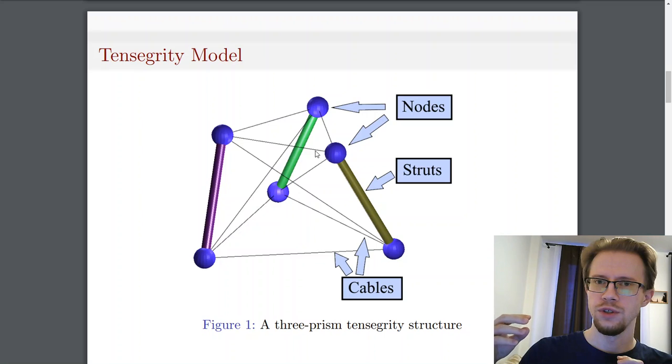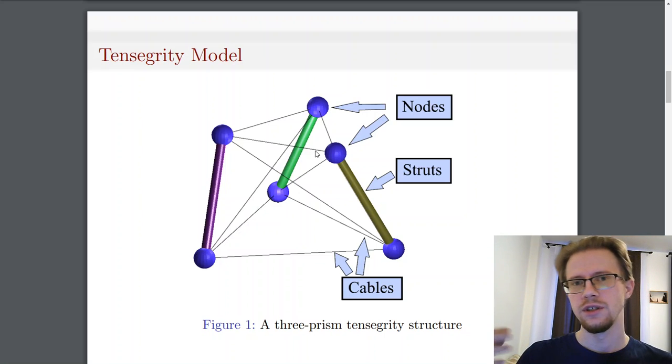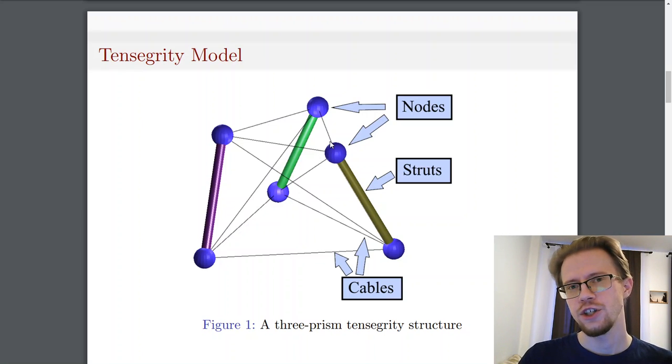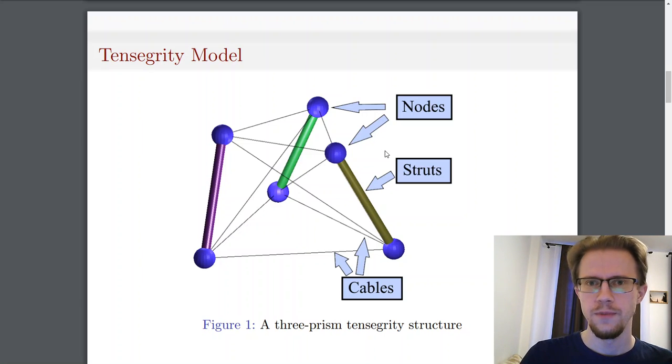You can install, let's say, a motor in it and change its length using a linear motor, for example. For other structures, you can control the rest length of the cables. That is also reasonably easy to imagine how we will do it.